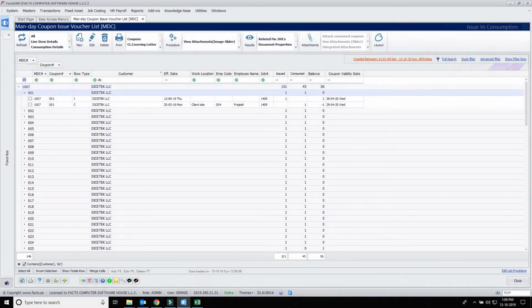When I expand further, I can see the issuance as well as the consumption. Issuance happens first, so I sorted by the effective date. I can see this voucher is issued on such and such date. And the next one will be the consumption. It's very simple.